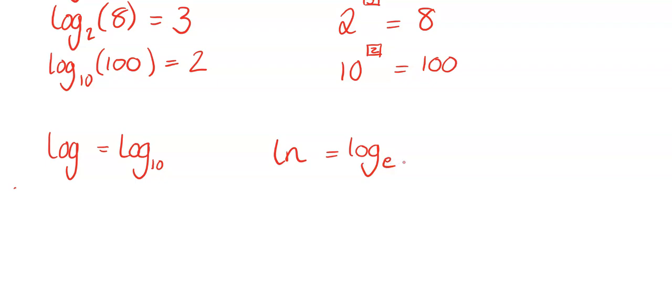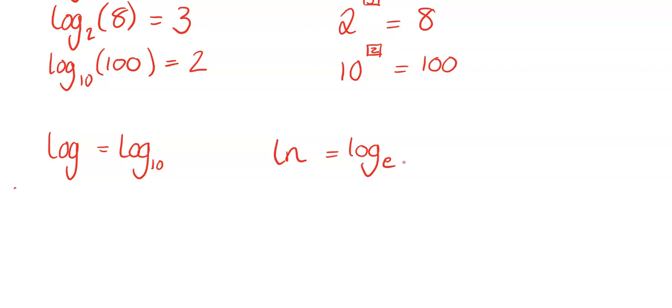Now, if you haven't come across e yet, e is just a number, a bit like pi is just a number. It's an irrational number. It's a little bit more than 2. You can go away and research what it is if you like. For now, all you need to know is that ln is log base e.